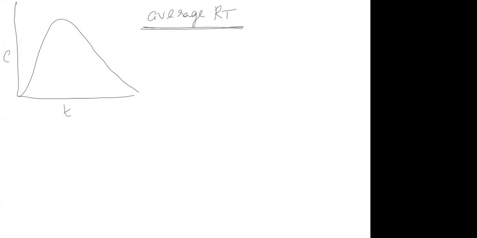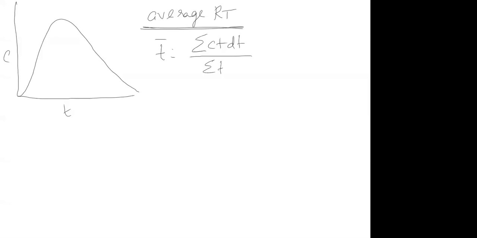How do you calculate the average marks in your class? The sum of all the people's marks divided by the number of people. Similarly, the average residence time is sigma Ct dt divided by sigma C. What is Ct dt?